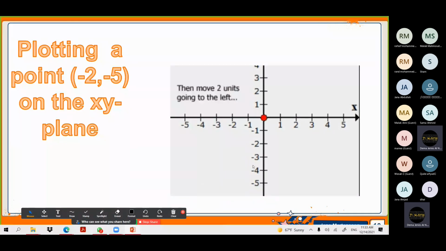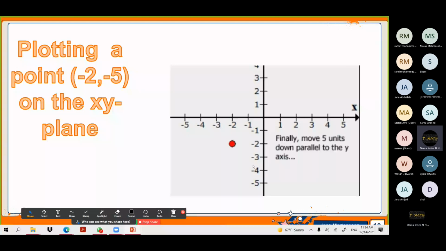Then you move 2 units to the left because 2 is negative. Then 5 is negative, so you go 5 units down, starting from -2. Like 2, 3, 4, and then 5. So here is the location of the point (-2, -5).